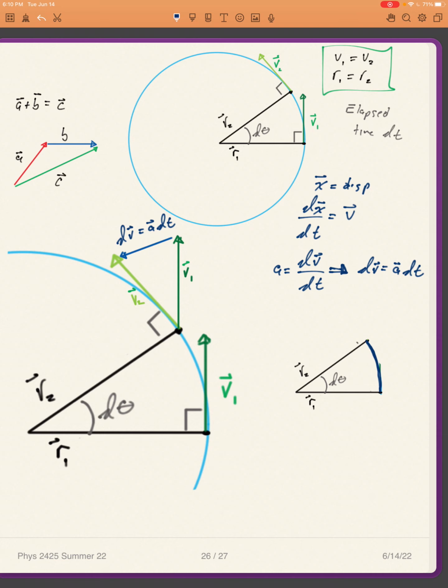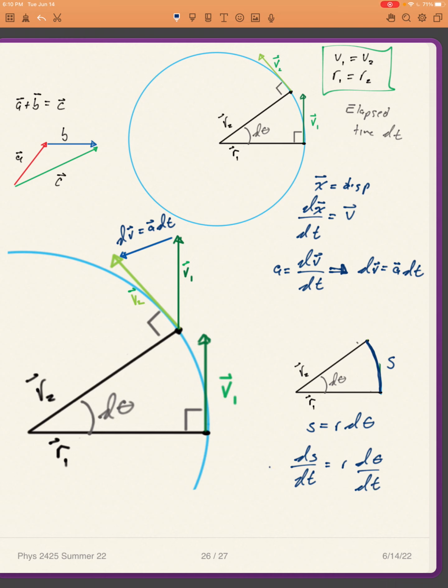This trajectory here, I can call that trajectory S. So S would be that circular displacement, and so S would be equal to R d theta. If I take the derivative with respect to time of S, I have ds/dt is equal to R d theta/dt.